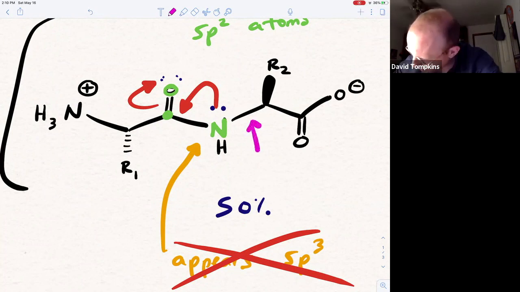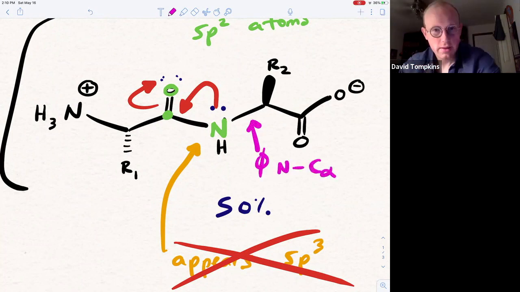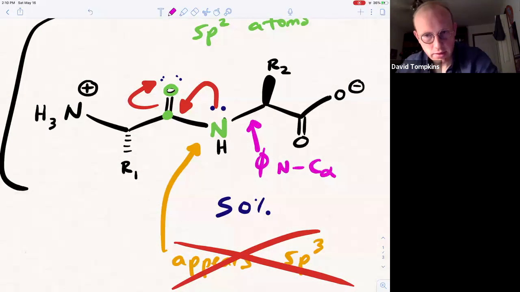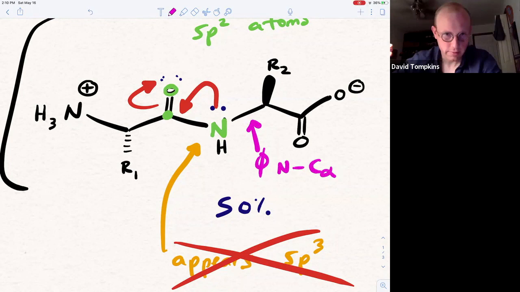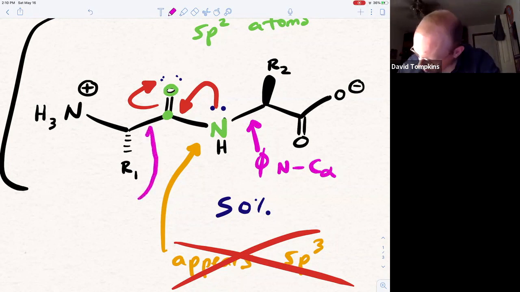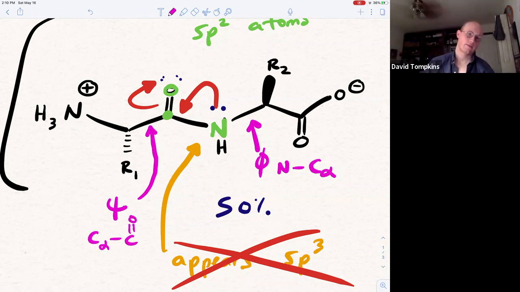And phi is the nitrogen to alpha carbon single bond. Phi describes the angles that you can have in various conformations by rotation around that bond. And psi describes the alpha carbon to carbonyl carbon bond, and its allowed dihedral angles.